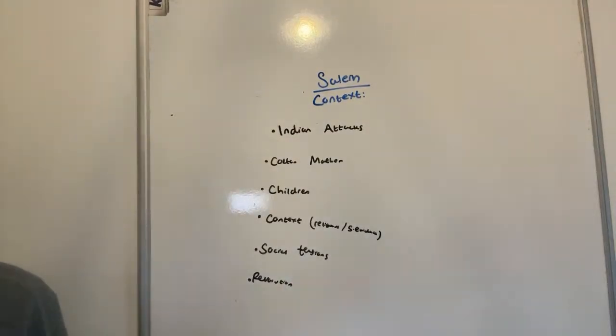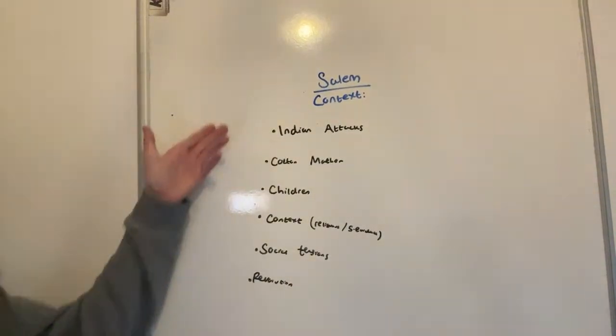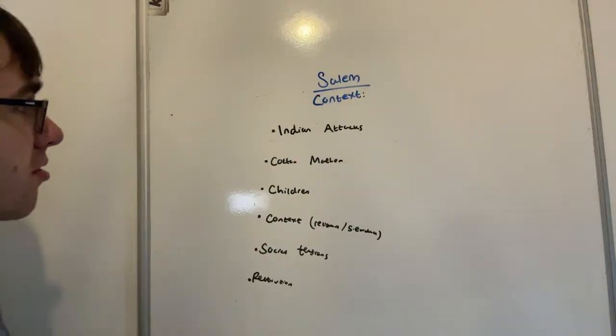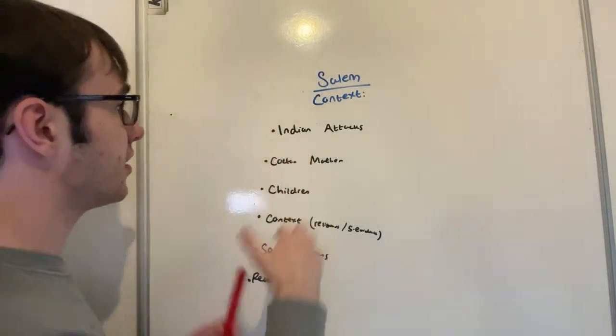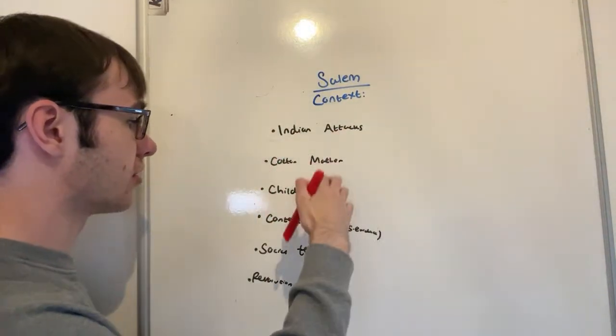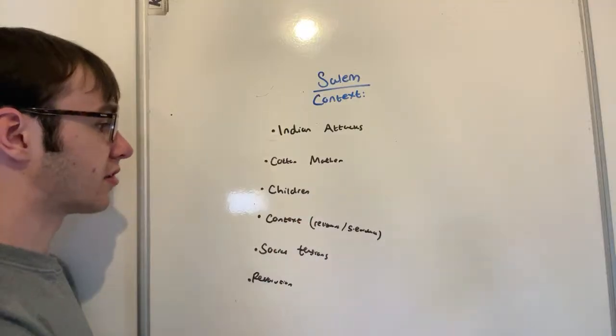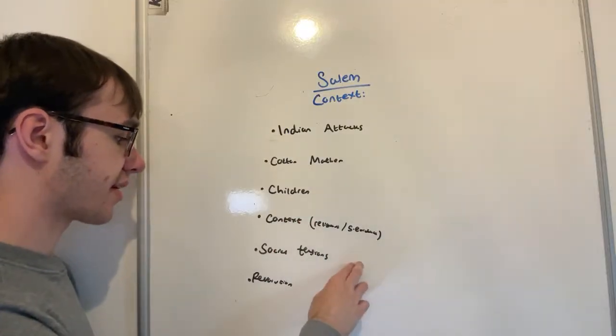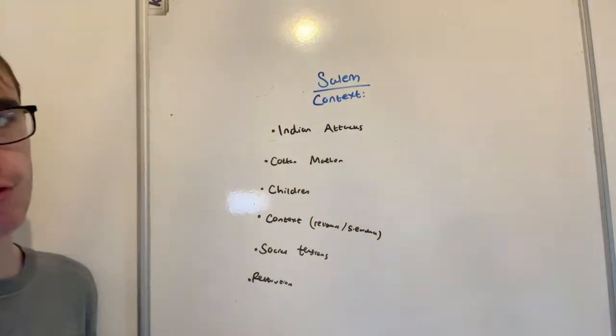So this is everything to do with the context of Salem: the Indian attacks, Cotton Mather, children, the overall religious context, social tensions, and the English Revolution.